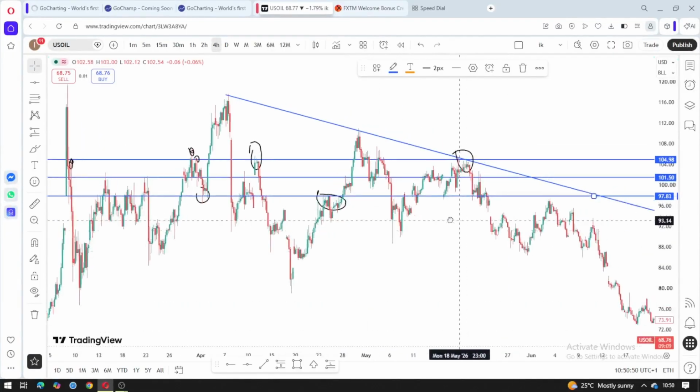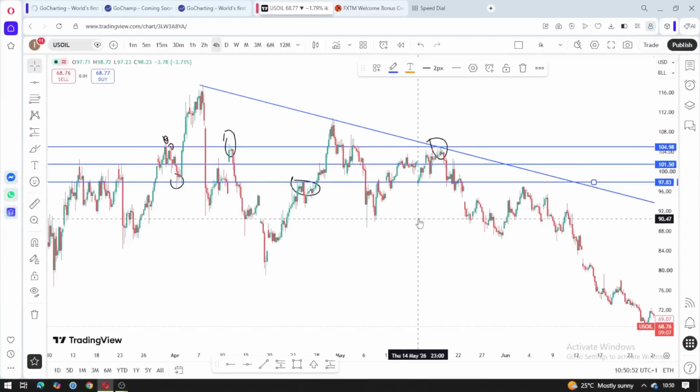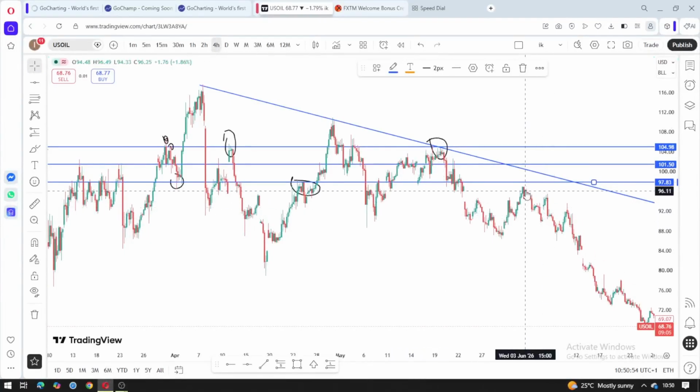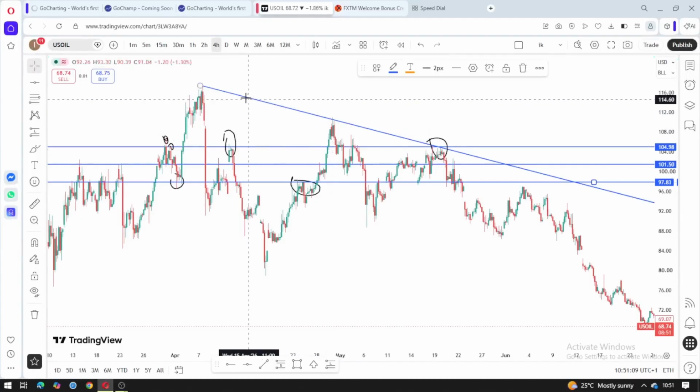All right. But you learn how to read, because you can see this one now, it did not really retest it. If this is a real market, you may not know whether it's going to work or it's not going to work. But remember, the first thing you need to remember is that this market is in downtrend.